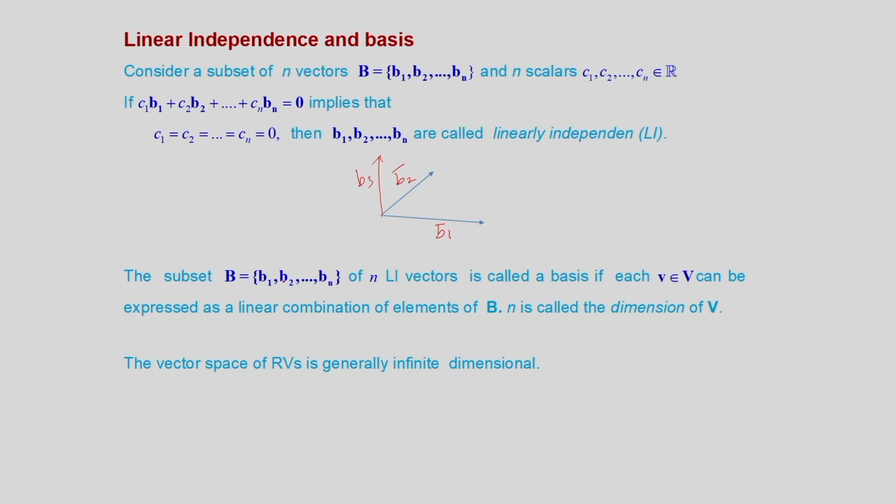Basis are those vectors which are linearly independent and their linear combination can generate any vector V belonging to the vector space.